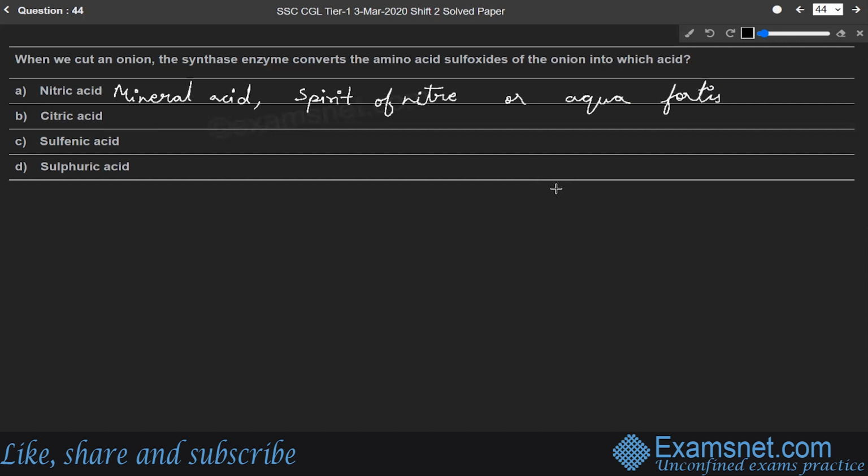Citric acid is naturally found in citrus fruits. Can you tell me a name of a citrus fruit? The name of a citrus fruit is lemon. Citric acid is especially present in lemon. Next is sulfenic acid. It is an acid that is an organosulfur compound.